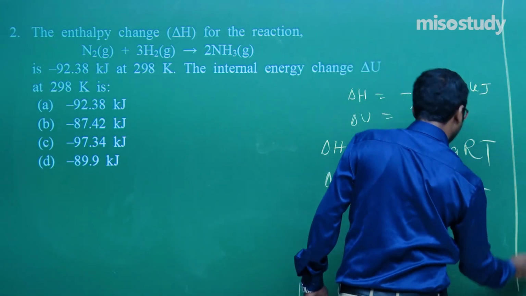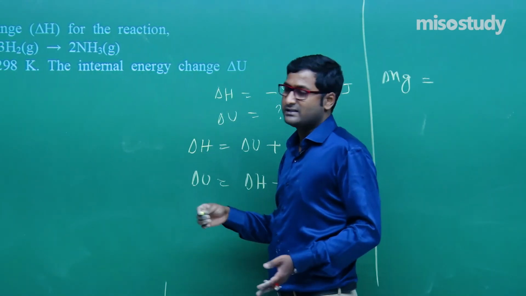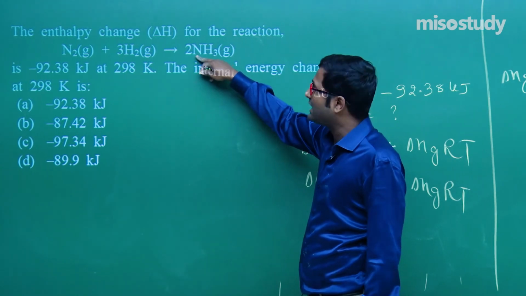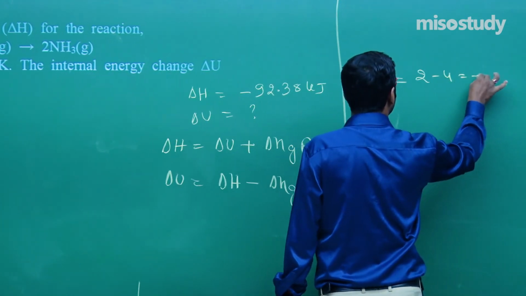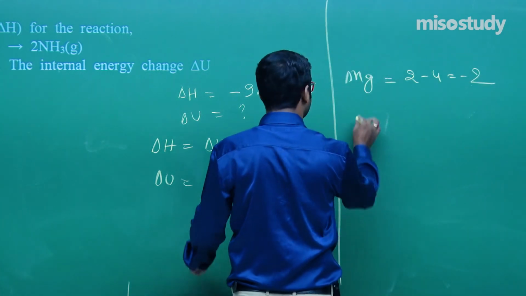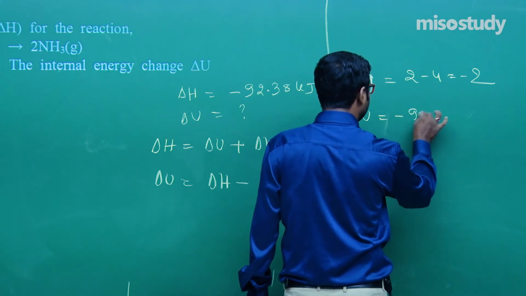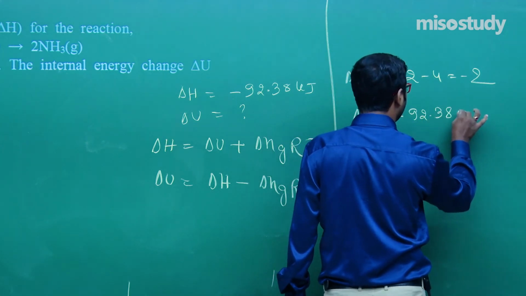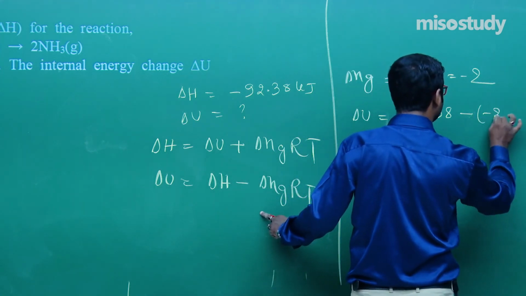Now tell me, what is the value of delta ng for the reaction? Sir, very simple, number of moles of product minus number of moles of reactant, that is 2 minus 4 is equal to minus 2. Put this value, delta U is equal to, what is the value of delta H? Minus 92.38 minus delta ng, that is minus 2.